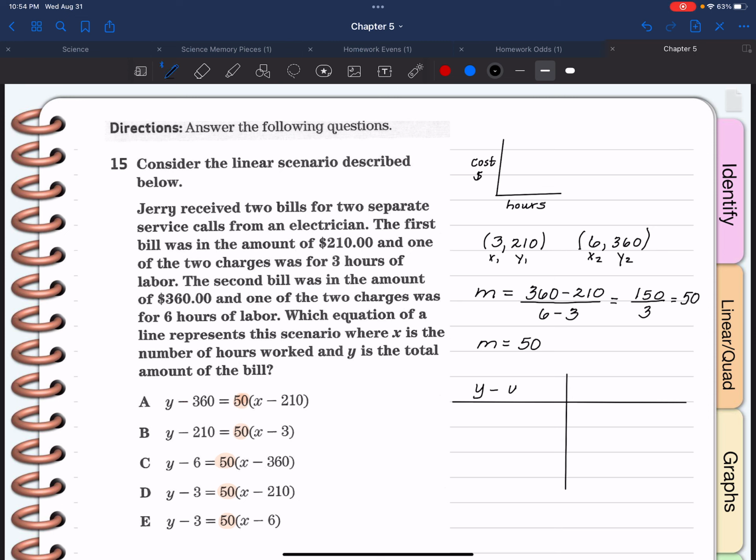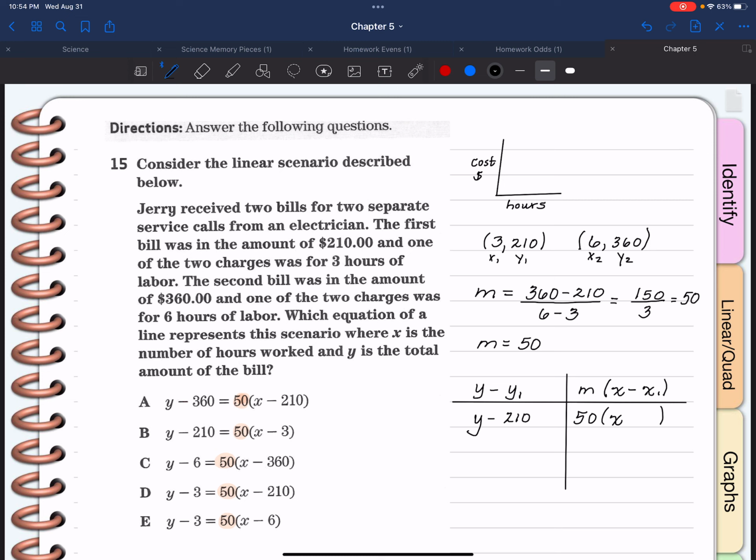You have y minus y1 equals m(x minus x1). So y, 50 is our slope, x, and then we need to figure out which one of those points they used. I can use 3 and 210.